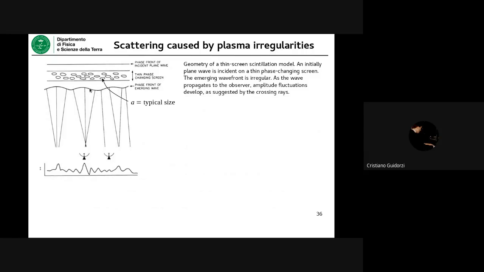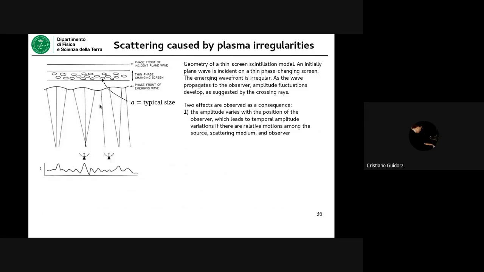So as a matter of fact, all this wave front has essentially two effects. One is that the image you get of the source responsible for the electromagnetic wave is kind of distorted.